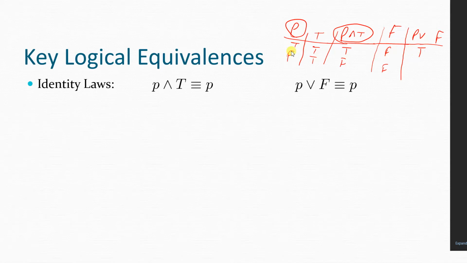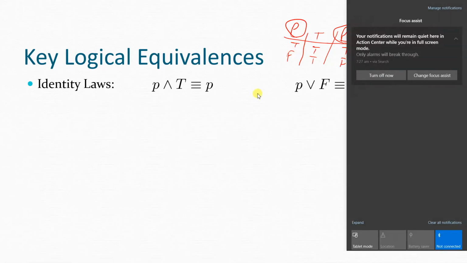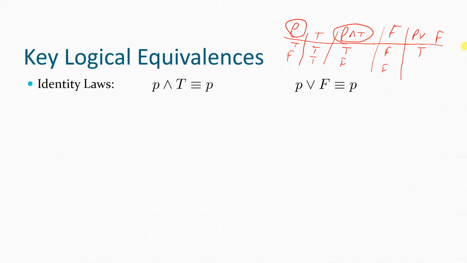Both false means their disjunction is false, right? So this shows that T is an identity for conjunction, because when we have a conjunction of any proposition with T, we have the proposition itself, right?